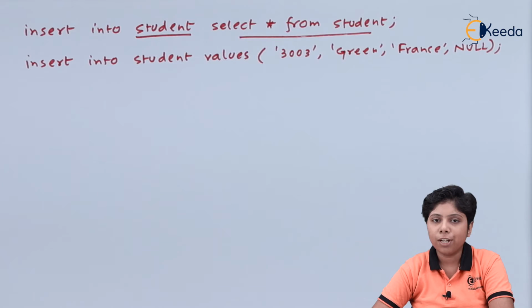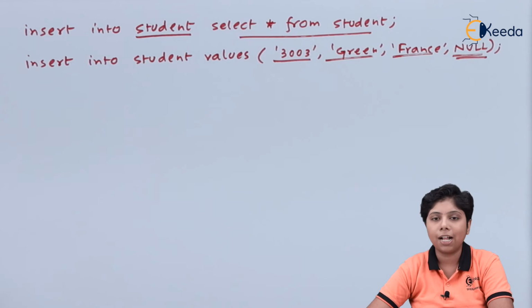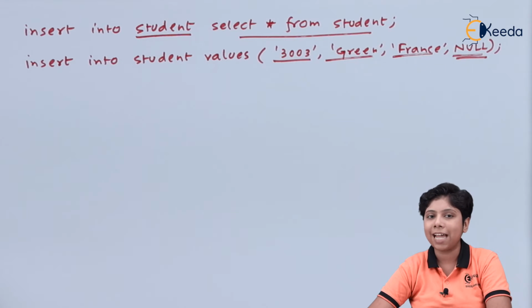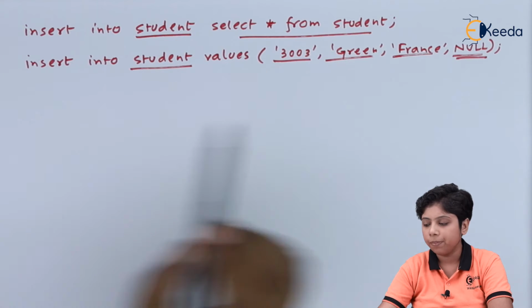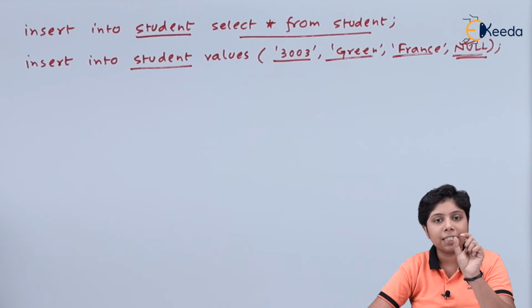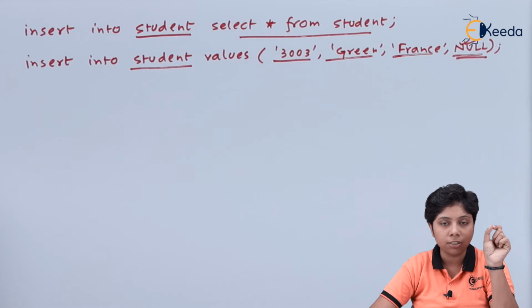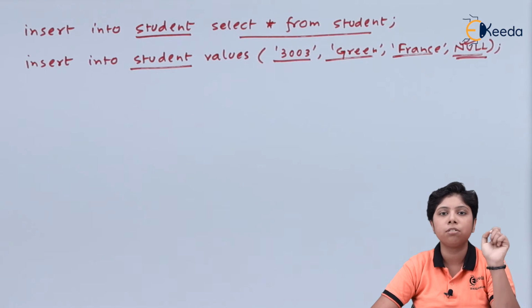See, other than the 3 attributes of the student relation, I am using the word null here. That means maybe it's a salary attribute and the student has not got any type of salary, so I put null here. See the difference between null and leaving it empty. Null contains the null value and it has got some memory, but if I leave it empty, there will be no value stored in it.